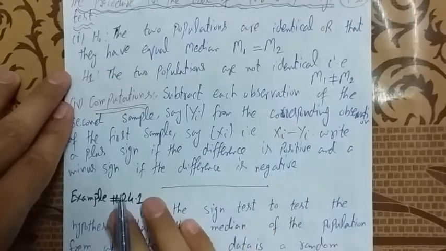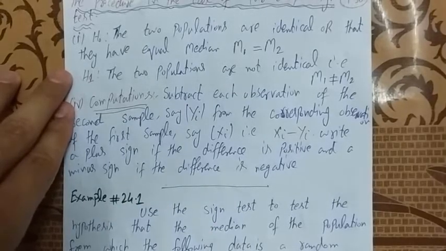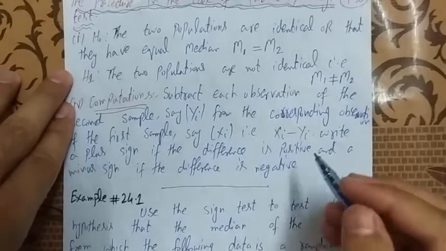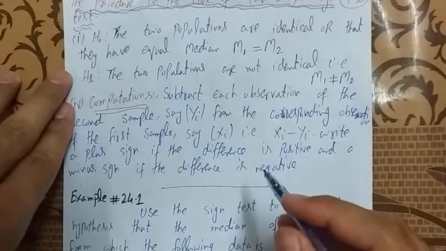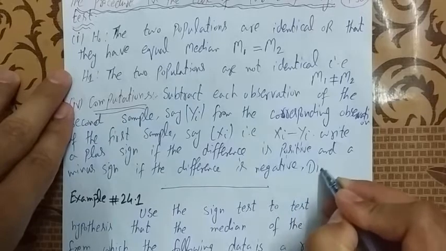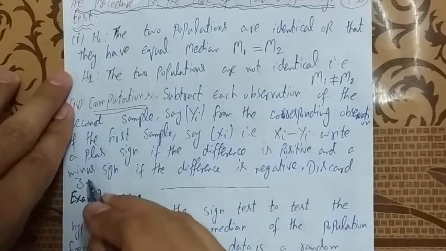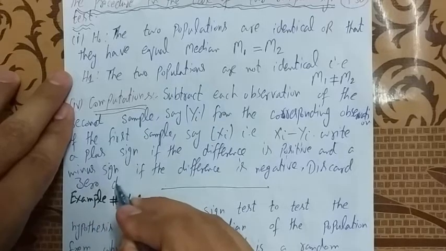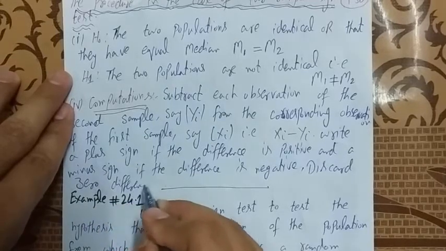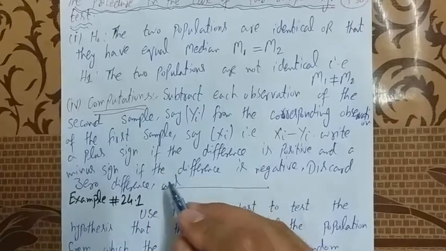Okay, and also we discard zero differences if a zero comes in the observations, and so on.